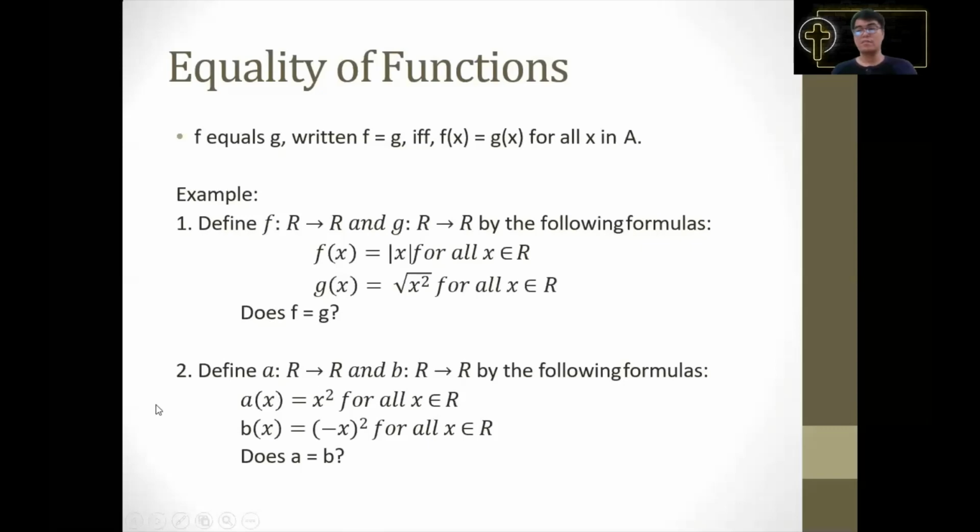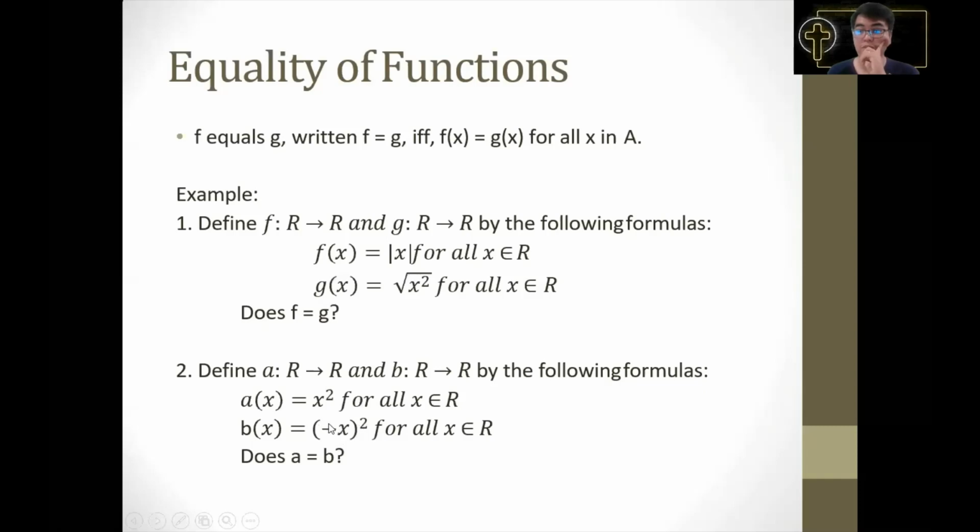How about question number 2? A is a function from real numbers to real numbers, and B is also a function from real numbers to real numbers with the following formulas. A of x equal to x squared for all x element of R, and B of x equal to negative x squared for all x element of R. Indeed, 9 squared is 81, and negative 9 squared is still 81.